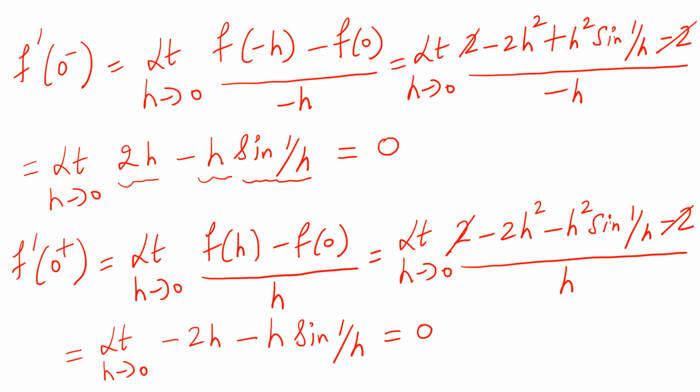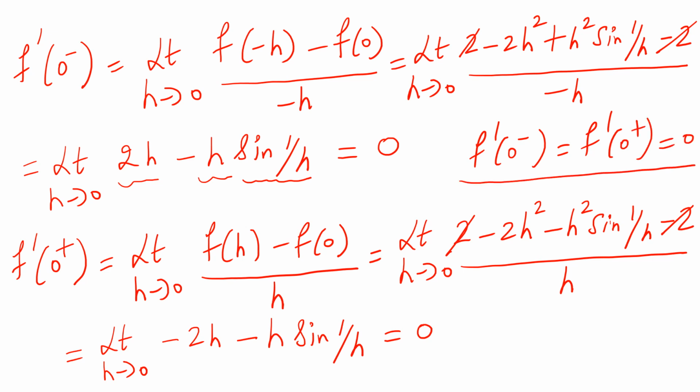Now students, since f dash 0 minus is equal to f dash 0 plus further equal to 0, so I can say that the function is differentiable at x equal to 0, and the value of the derivative of this function at x equal to 0 is equal to 0.